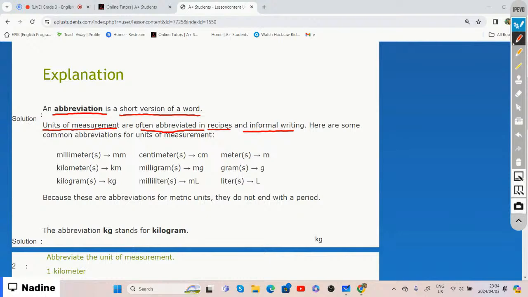And the common abbreviations for units of measurements are millimeters. Millimeters are for your shorter or smaller things that you measure.